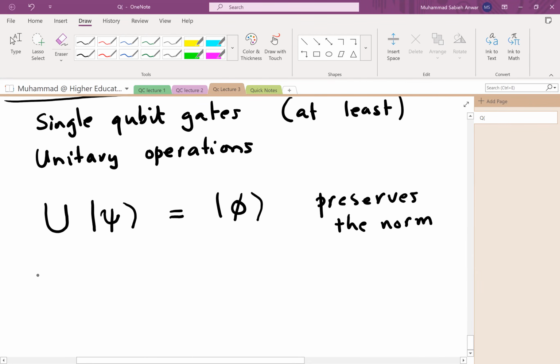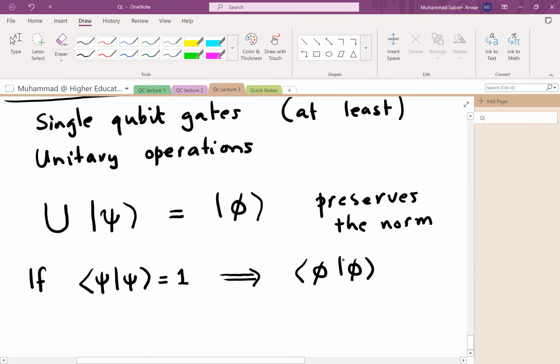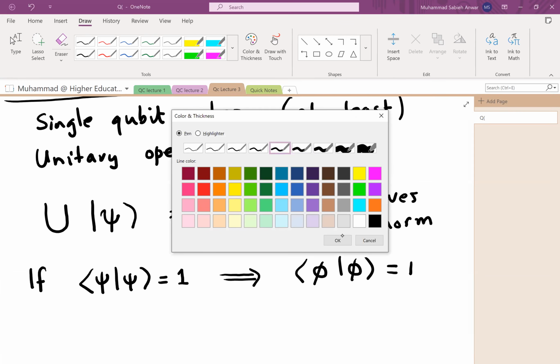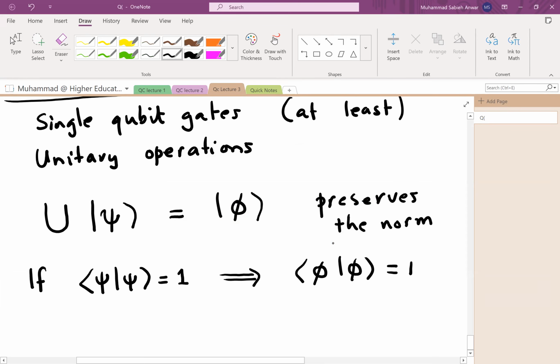What does that mean? It means that if the inner product of psi with itself is 1, then a unitary gate is such that the inner product of phi with itself is also 1. So it preserves the length of the quantum state. It preserves the norm, and this is what a unitary operation really means.